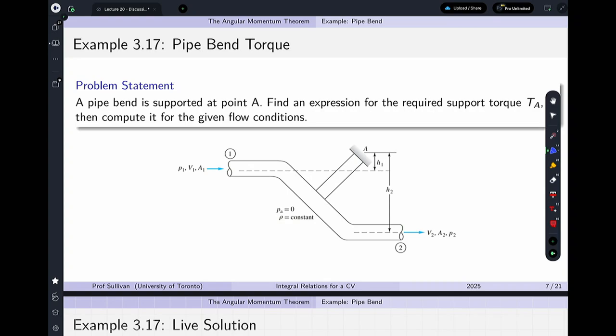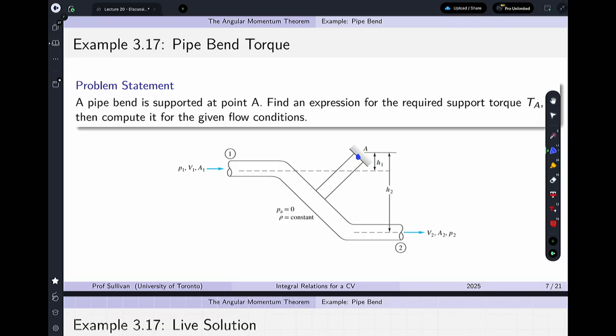So what I want to do is a few examples on this to lay this out a bit. And the first one is a torque problem. I have a pipe bend that is supported at point A. Find an expression for the required support torque TA, then compute it for the given flow conditions, and I'll give you those flow conditions.